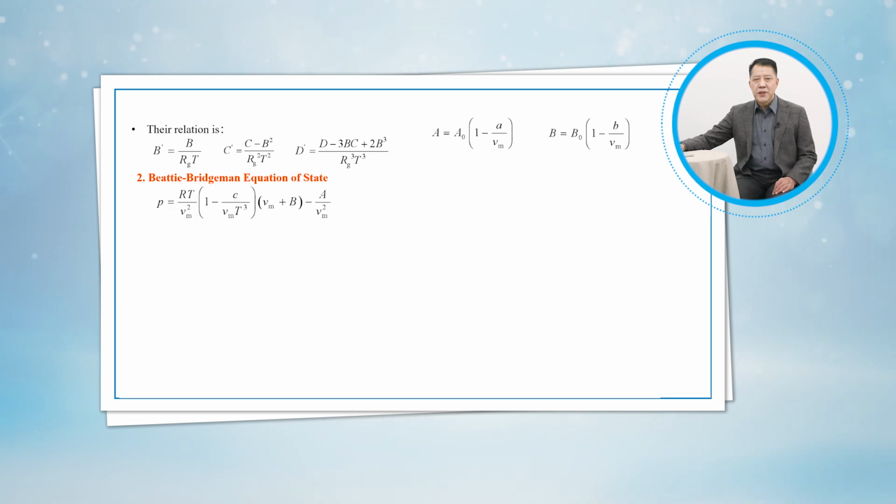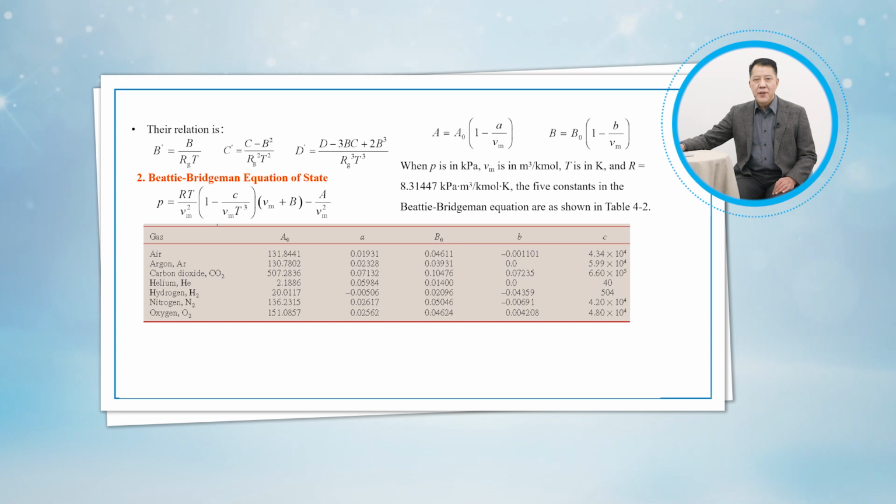The Beattie-Bridgeman equation proposed in 1928 is an equation of state based on 5 experimentally determined constants. It is expressed as: The constants appearing in this equation are given in Table 4.2 for various substances.